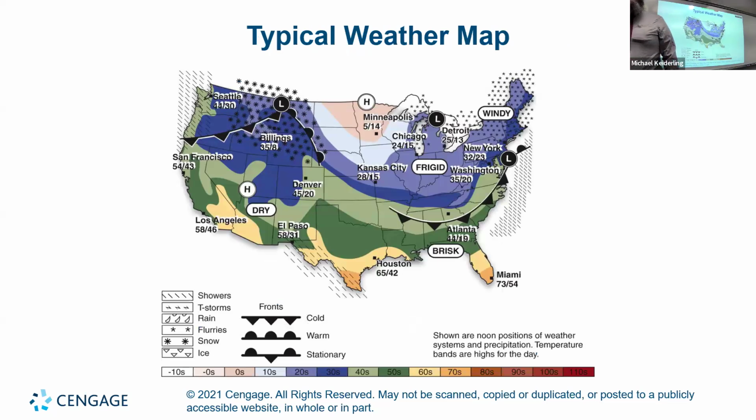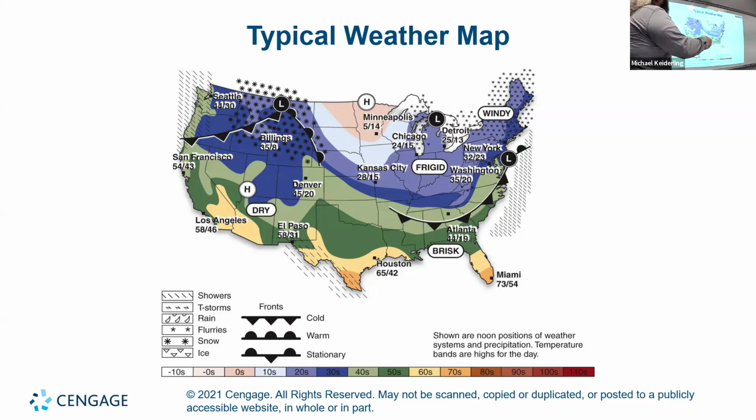So here's an example of a typical weather map. We have colors to represent temperature, and temperature is marked on this. We have a couple of fronts. We have a cold front here moving southeast. We have a warm front here moving mostly west. I mean southwest. This is moving mostly west. There's another warm front here moving mostly south.